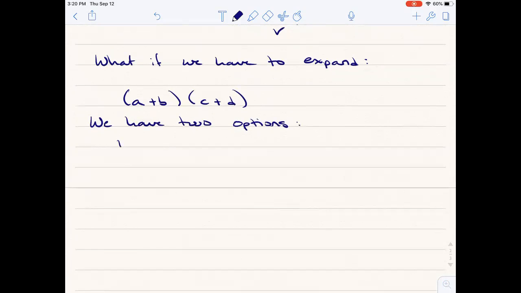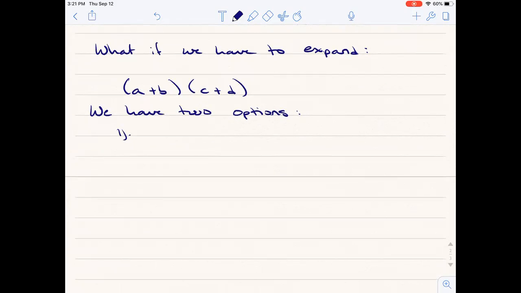The first one is essentially treating A plus B as one thing, right? And taking this times this plus this times this and breaking out those brackets. And then multiplying the C inside and then the D inside. And then you've expanded, right?